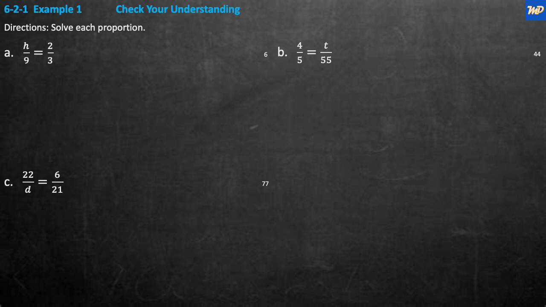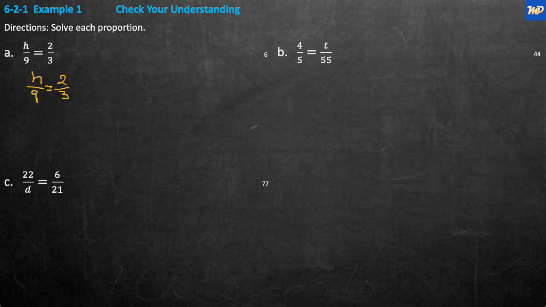Okay, now that you're back, let's go to A and first do method 1. I'm going to say h divided by 9 is equal to 2/3. And we have to multiply both sides by 9, the reciprocal of 1/9, to get the h by itself on the left-hand side.